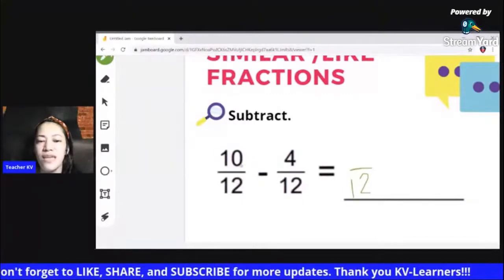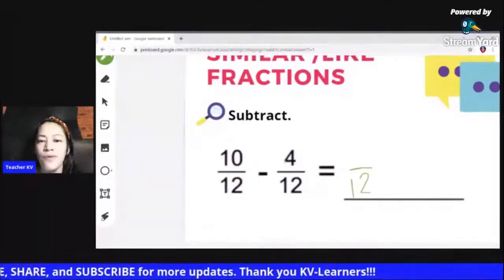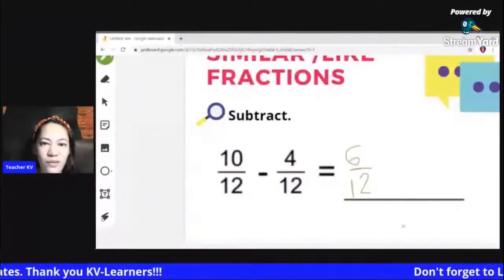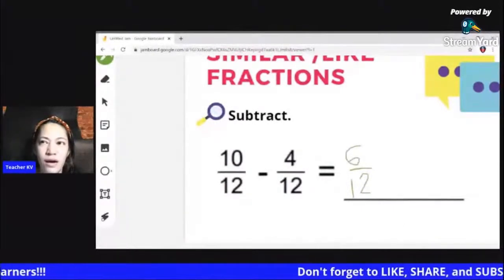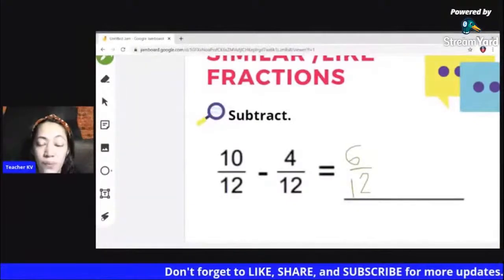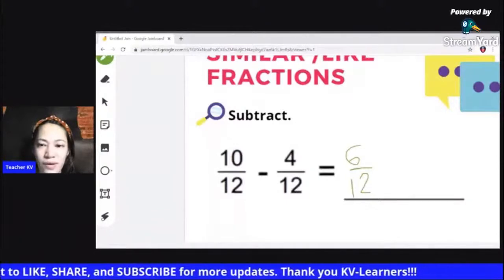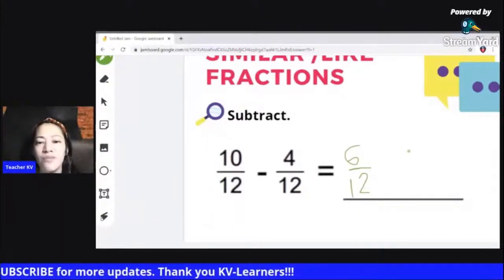So, 10 minus 4 is equal to 6. So, my question is, is 6/12 in its simplest form? Is 6/12 already in the lowest term? Okay, it is not yet in the lowest term.